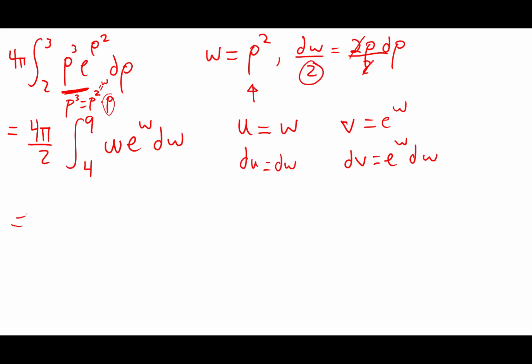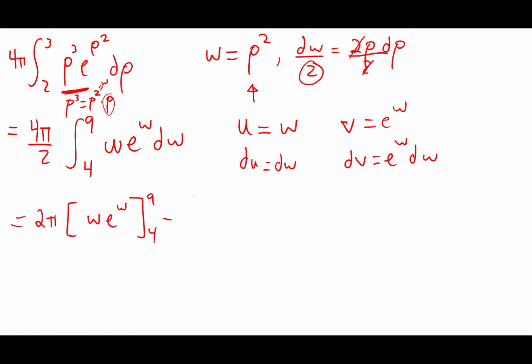So 4 pi over 2 is just 2 pi times uv, so w e to the w, evaluated at 9 and 4, minus the integral of v du, so e to the w dw. The integral of e to the w is just e to the w, so I'm just going to evaluate straight up.